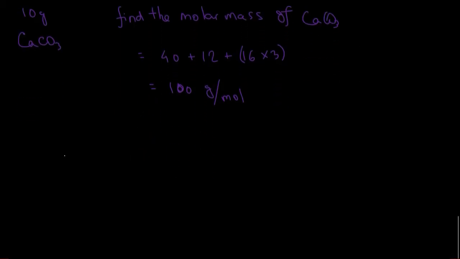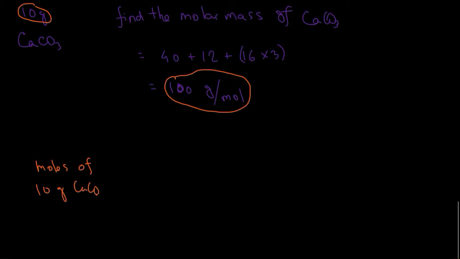Okay. So I know the mass of calcium carbonate. I know the molar mass of calcium carbonate. So now it's easy. So moles of 10 grams CaCO3 is going to be the mass divided by the molar mass.